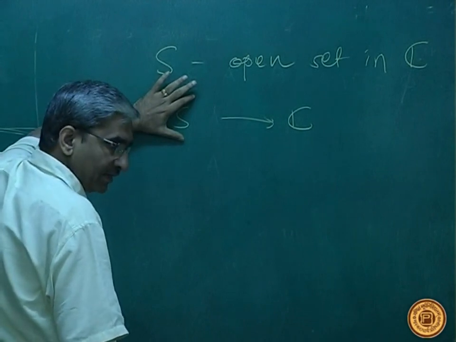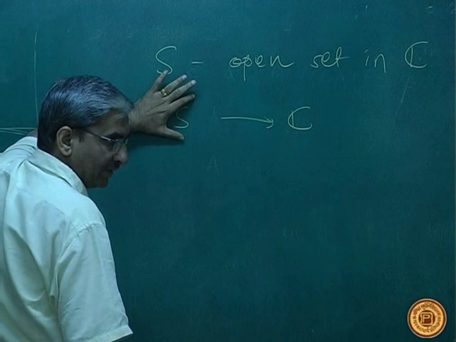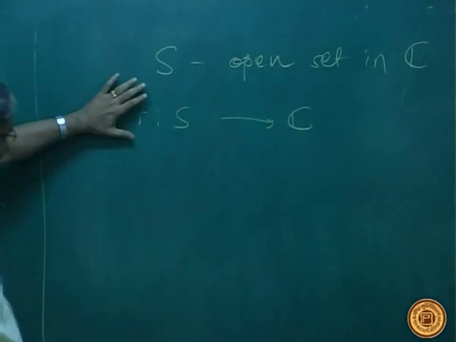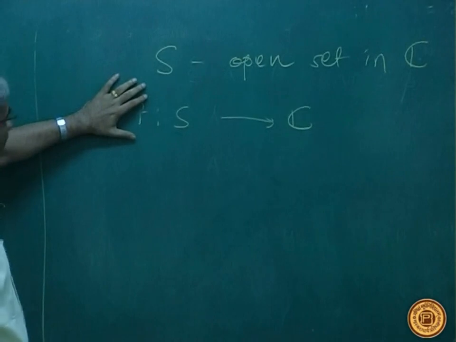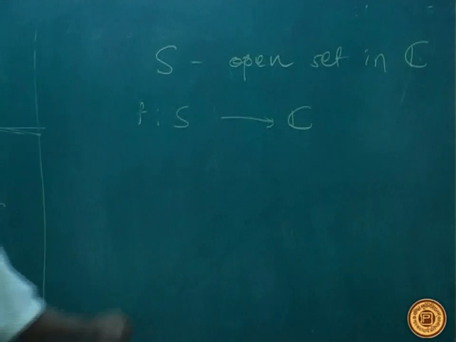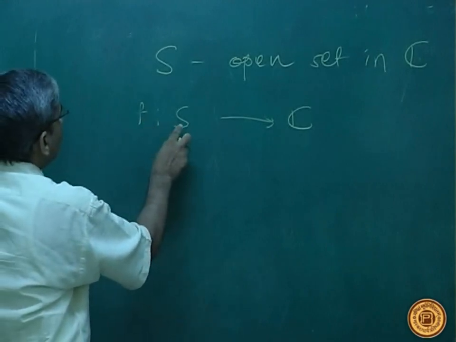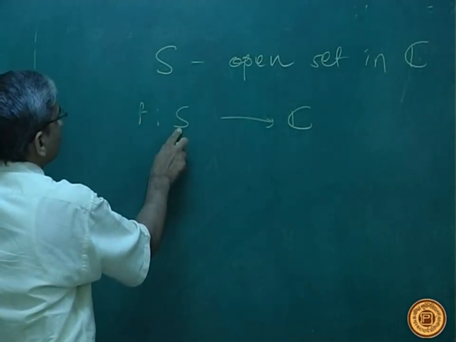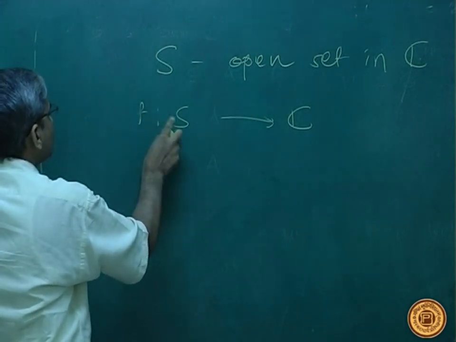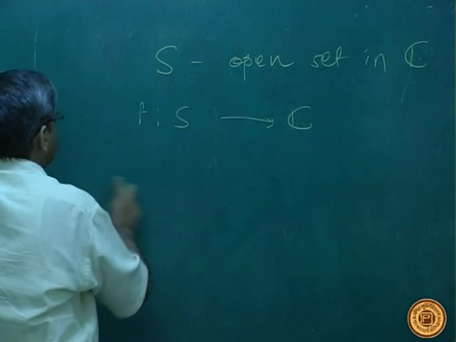Later on we will take this to be a domain also as and when required, but at present, for the definition of an analytic function, I take S to be an open set, and f is said to be analytic in S if f is differentiable at every point in S.